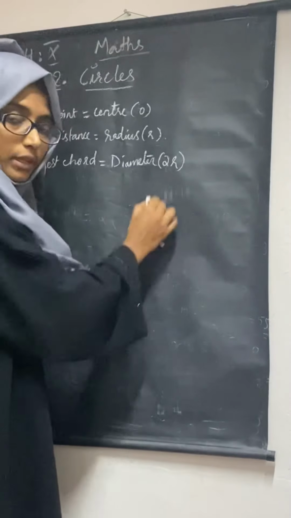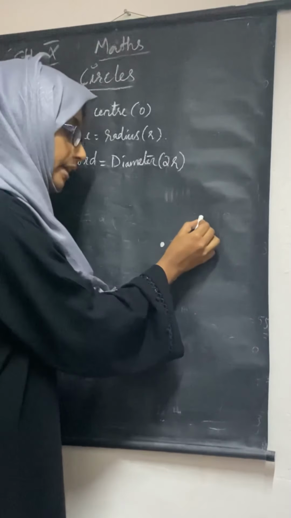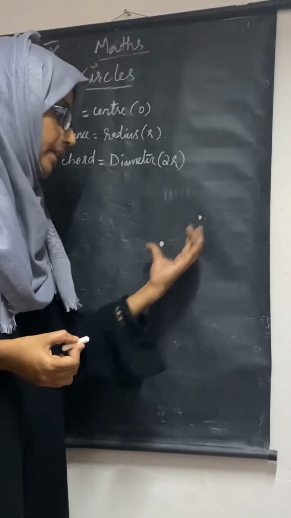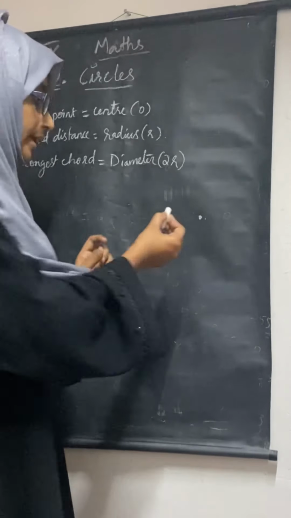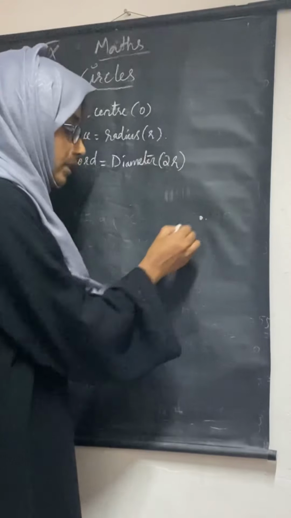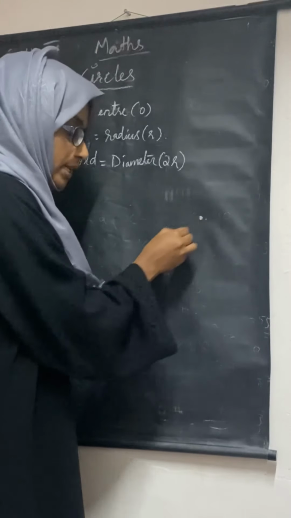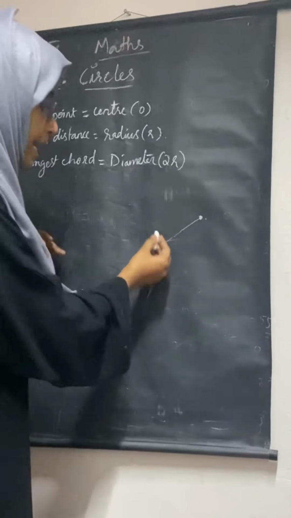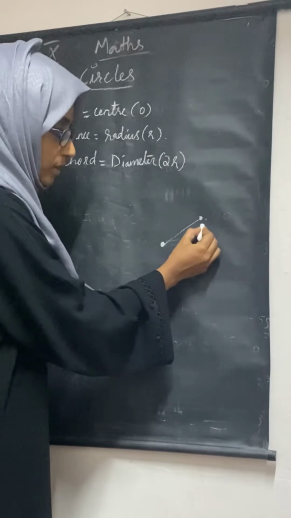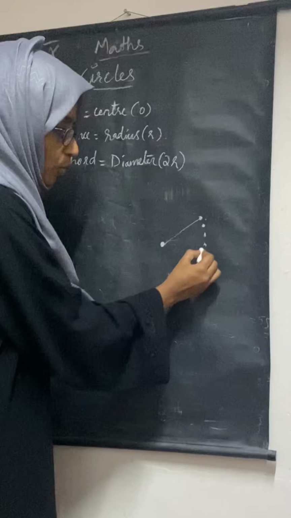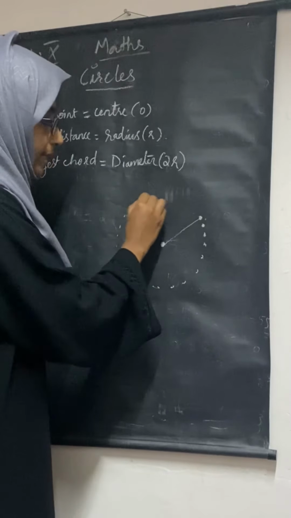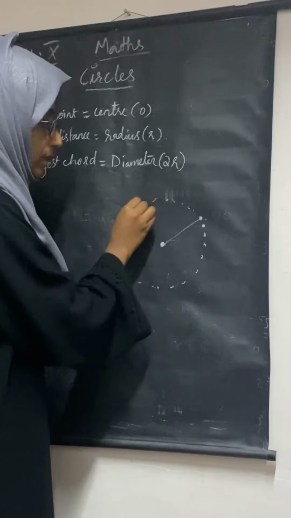I can choose one point here, and the special thing between these two points is the distance between them. If it is 5 centimeters or something, I can keep one distance. With the same distance I can put many more points like this, so that it will form a circle.